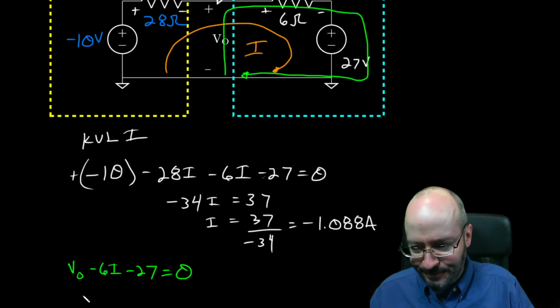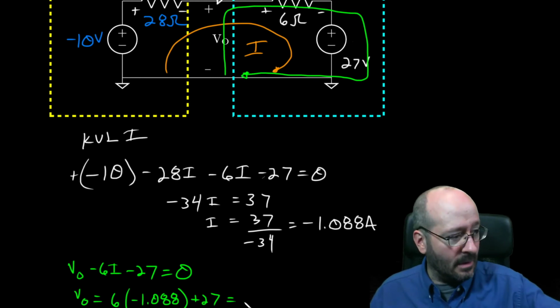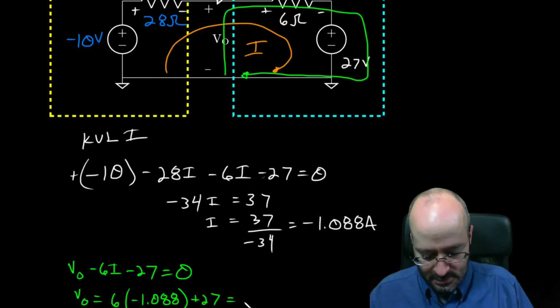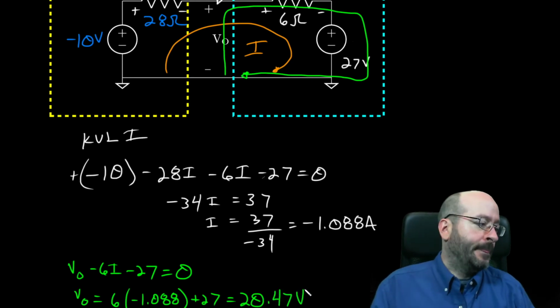All right, so V out is equal to positive 6, as I move that over to the right hand side, times negative 1.088 plus 27. That's going to be equal to 6 times the current I found plus 27, and we get 20.47 volts.